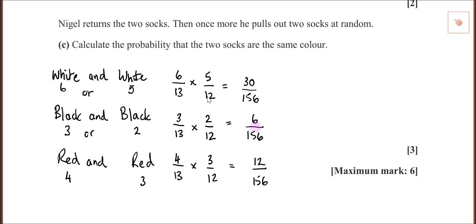The word or means we add them together. So we then end up with 30 plus 6 plus 12 all over 156, which is 48 from 156.